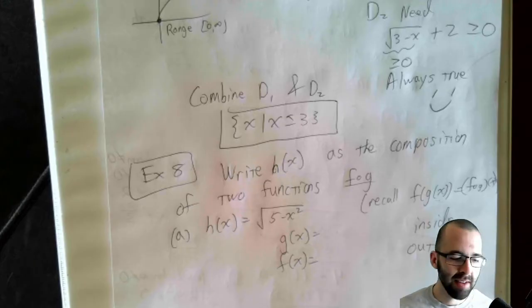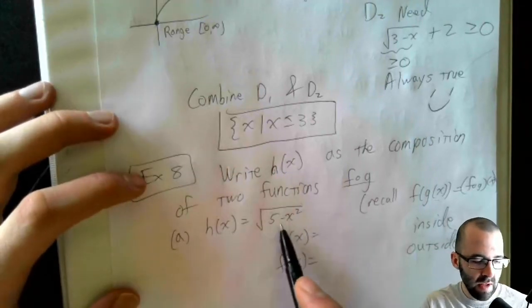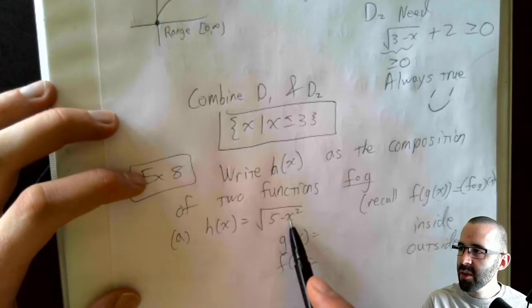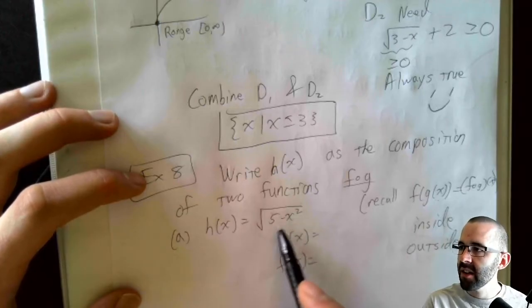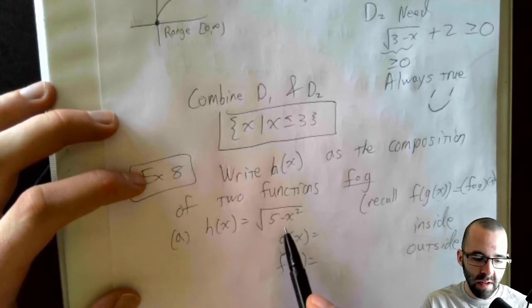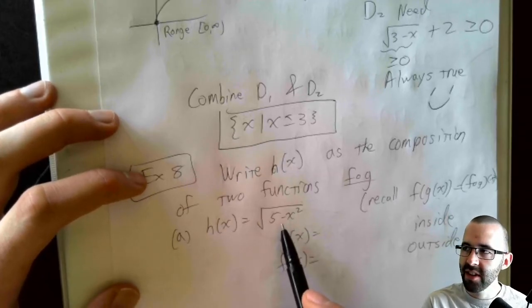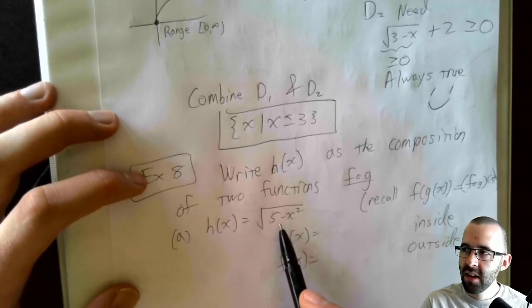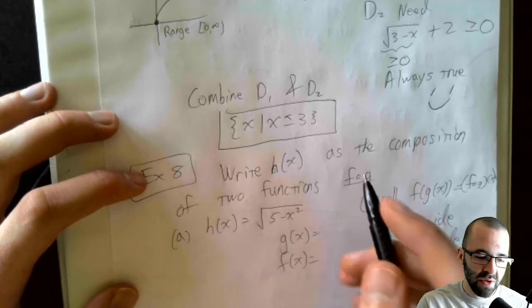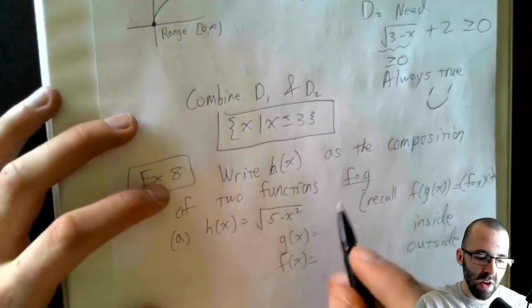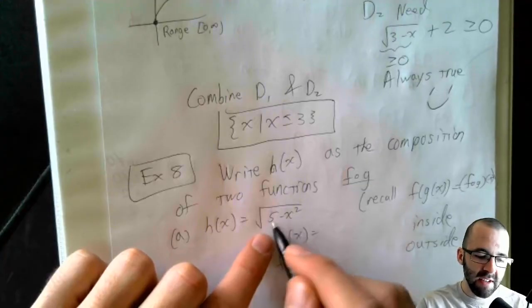Bella says help. Well, right, 5 minus x squared is on the inside of the radical. Technically, 5 almost works, actually. 0 is not quite it. We're just going to choose the function that's on the inside of the square root.